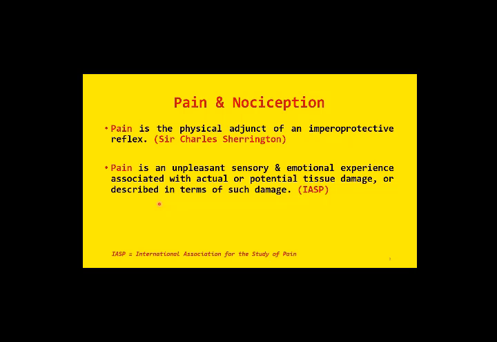According to the International Association for the Study of Pain, it is defined as an unpleasant sensory and emotional experience, which is associated with actual or potential damage. So, this is the definition by the International Association for the Study of Pain.